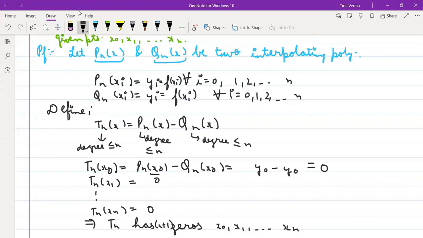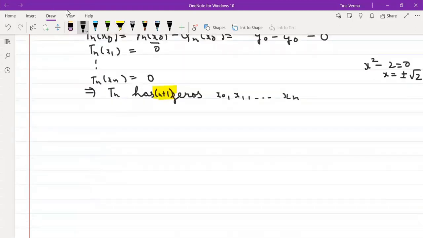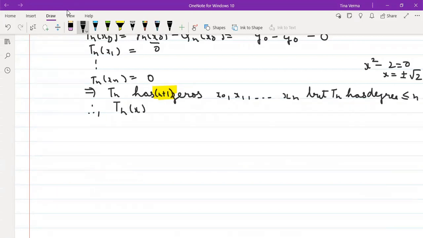टोटल कितनी जीरोस होगी Tn की, n+1. कोई भी फंक्शन कह रहे हो आप x² - 2, x इज इक्वल टू +-2, रूट उसके 2 हैं, 2 से ज्यादा हो सकते हैं नहीं. यहां पे आप क्या कह रहे हो कि डिग्री उसकी क्या है, लेस देन n, बट वो 0 कितने पॉइंट्स पे हो रहा है, n+1. दैट मीन्स ओनली कंडीशन क्या रहेगी, देयरफॉर बट Tn हैज डिग्री लेस देन इक्वल टू n, देयरफॉर Tn(x) आपका क्या हो गया, 0. दैट मीन्स Pn(x) माइनस Qn(x), that is equal to your 0.